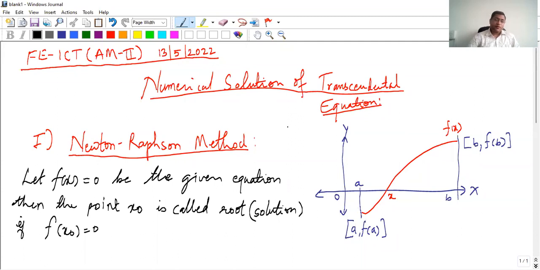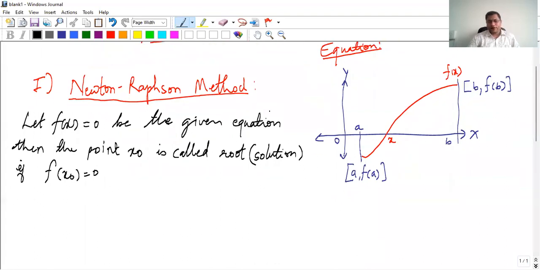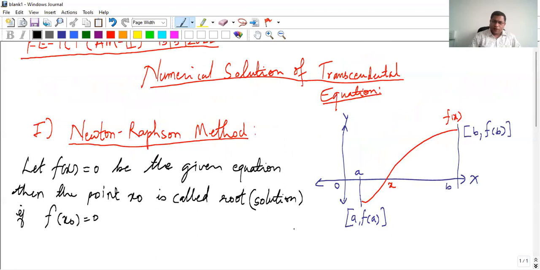Now, how are we able to find it, or what does the Newton-Raphson method say? You can see from the curve, we have assumed that f of a is less than 0 and f of b is greater than 0.